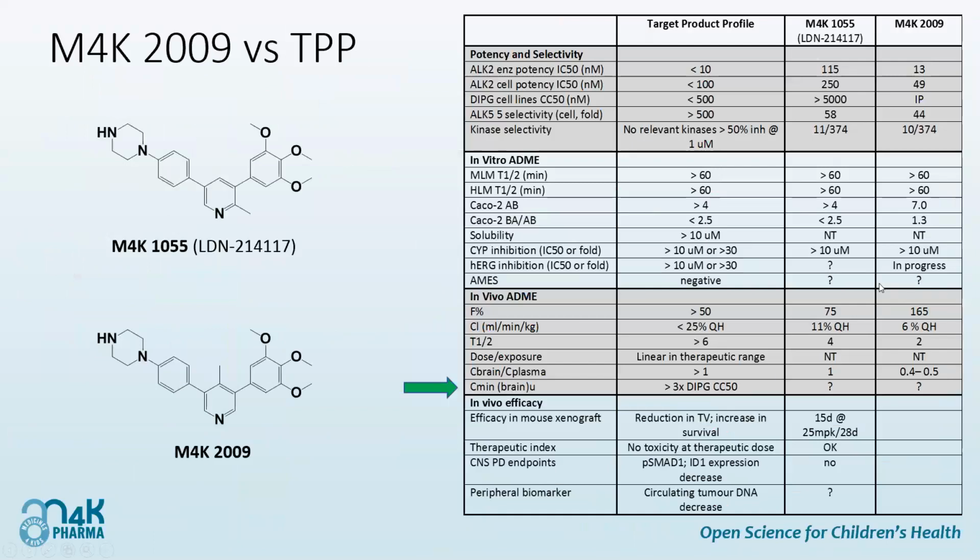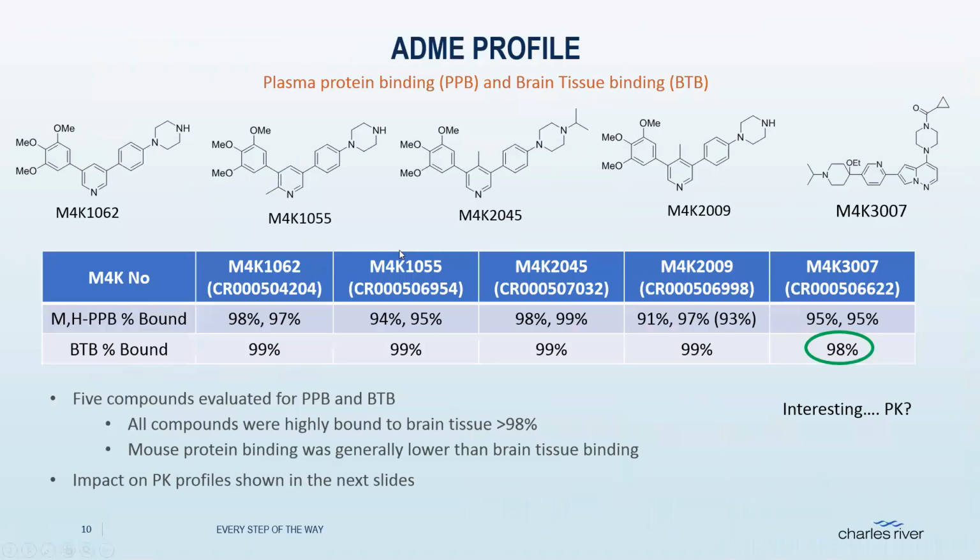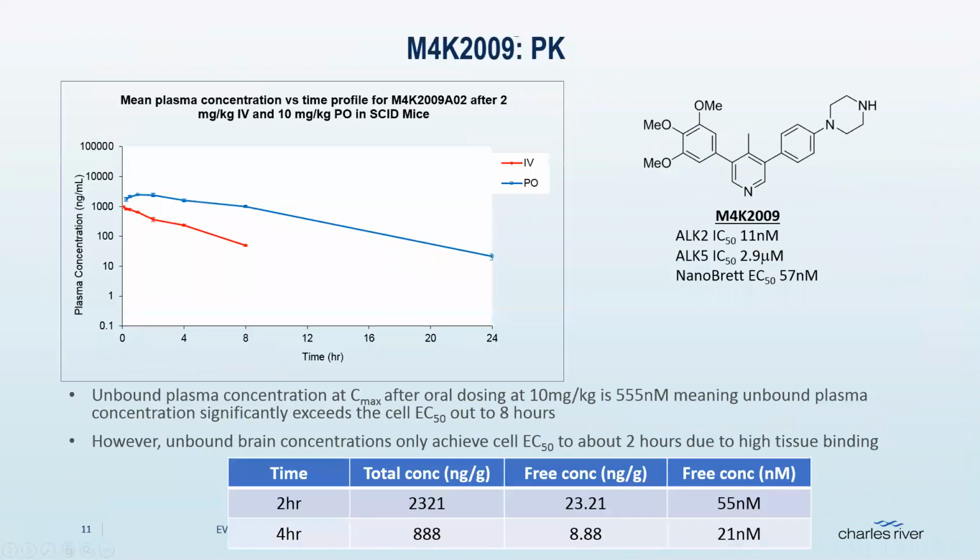Oh, that's okay. I was just asking because it's unusual to see such a low unbound brain to plasma ratio when you've not got any significant efflux, particularly for pretty lipophilic compounds. It's normally the opposite. So I think the results are quite unusual.